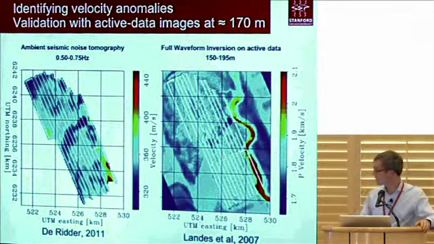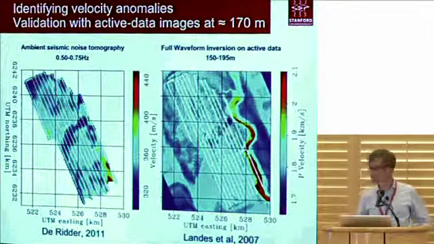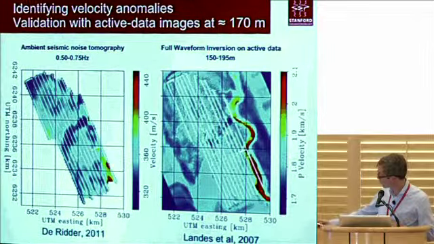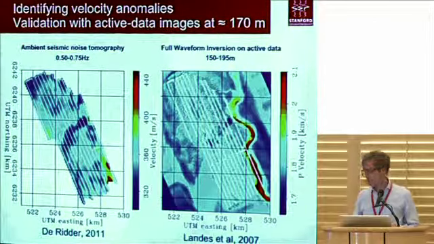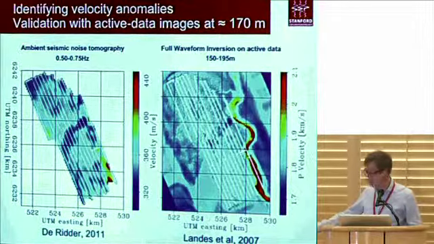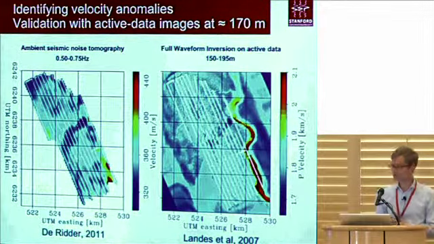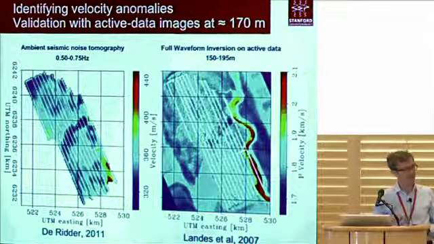Now we have a low velocity anomaly, as potentially would be a CO2 anomaly, that is visible on the passive image and is also visible on the active image. Together with the high velocity, it is the red channel. The red channel, we only see the edges. The active data image outside of the array, because the sources are going to be outside of the array, so we are going to illuminate what is outside of the array with active data.